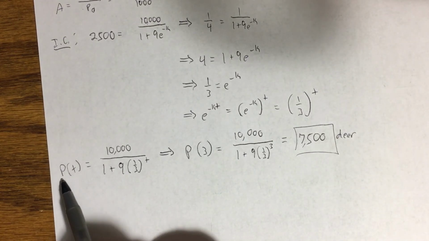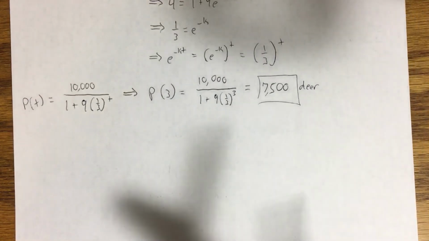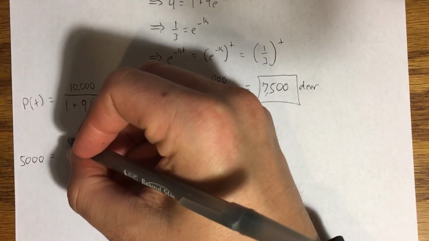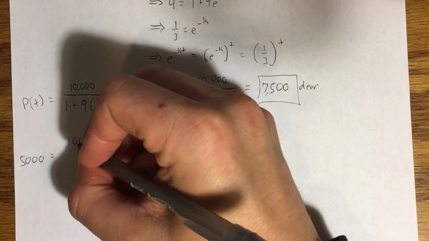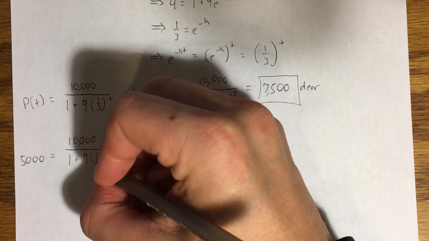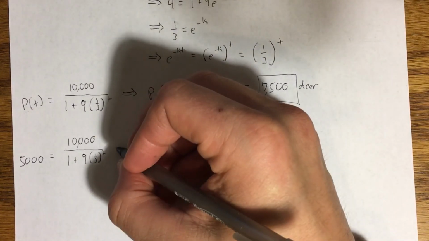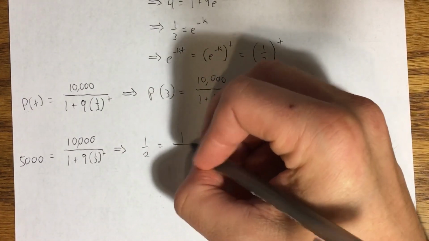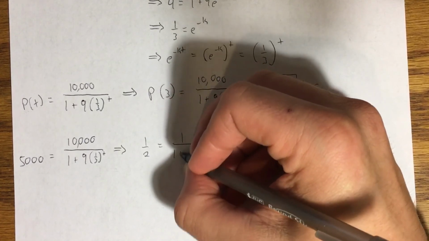I need to figure out at what time my population will reach a size of 5,000, now half my carrying capacity. So I set that equal to 5,000: 10,000 over 1 plus 9 times 1/3 to the t. This is the same thing as 1/2 equals 1 over 1 plus 9 times 1/3 to the power of t. I'm dividing both sides by 10,000 here.